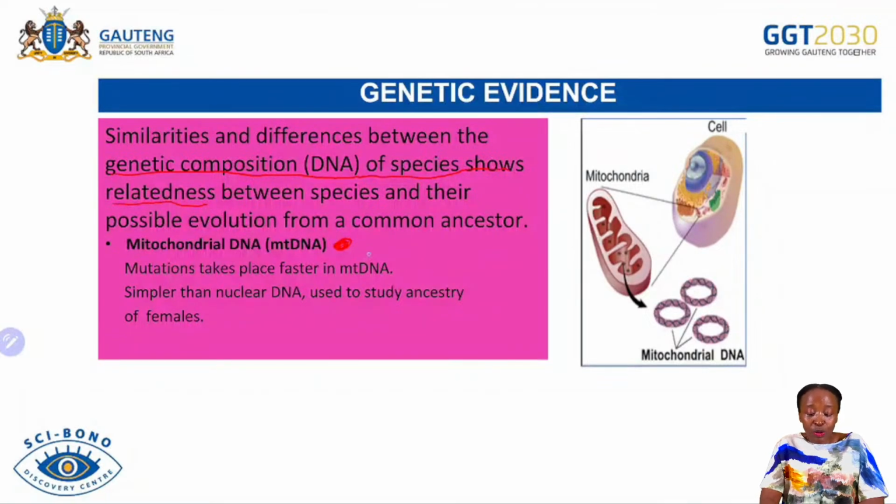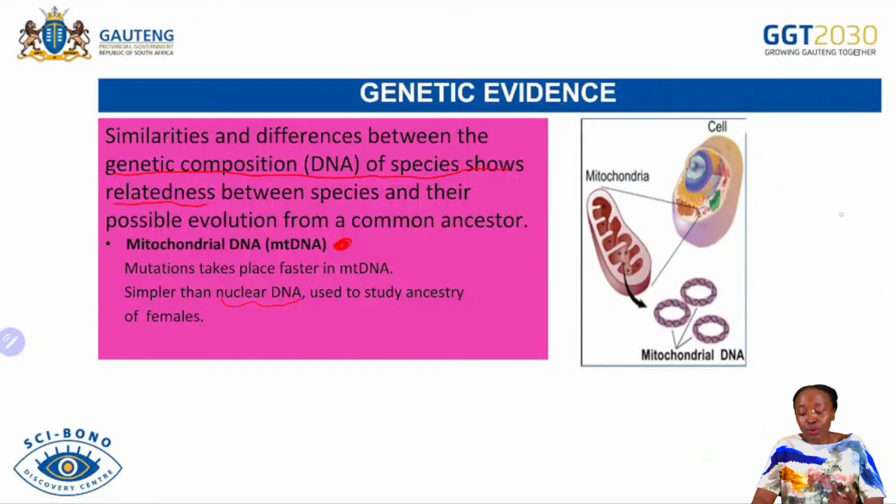So why? Because when you look at the mutations that take place in the mitochondrial DNA, these are simpler to read than the nuclear DNA, and it is used to study the ancestry of females. So why are we specifically talking about the mitochondrial DNA in relation to the females?